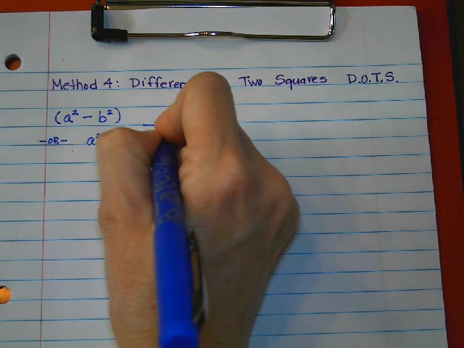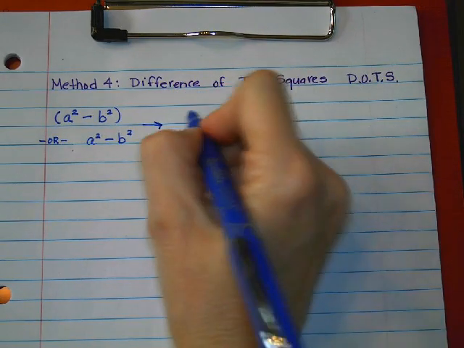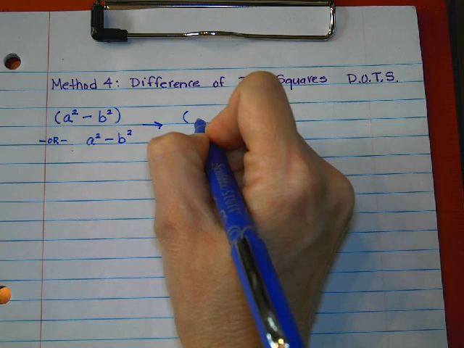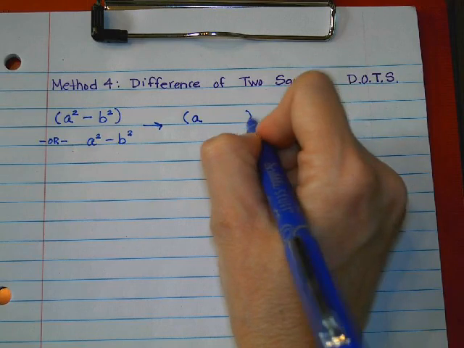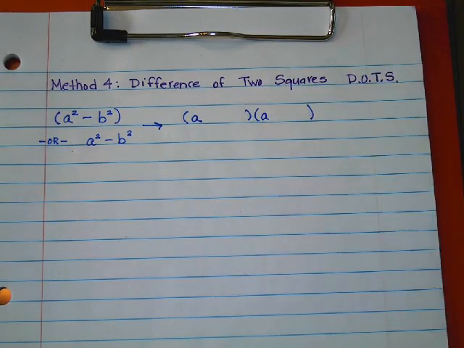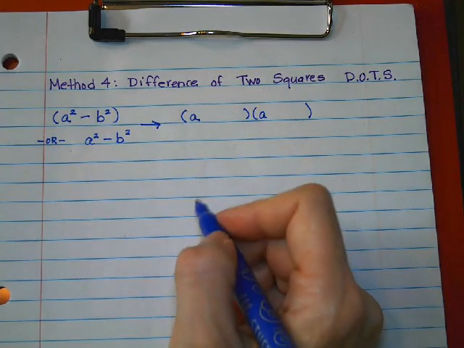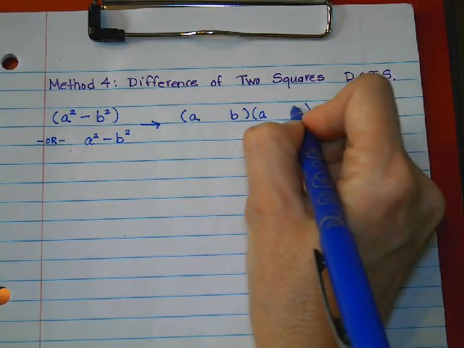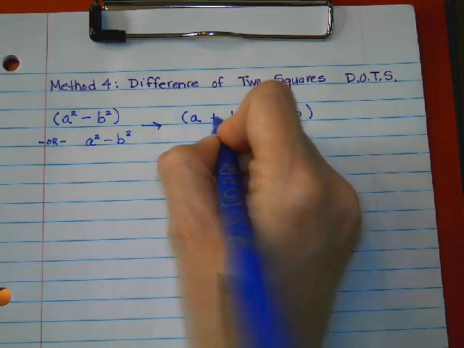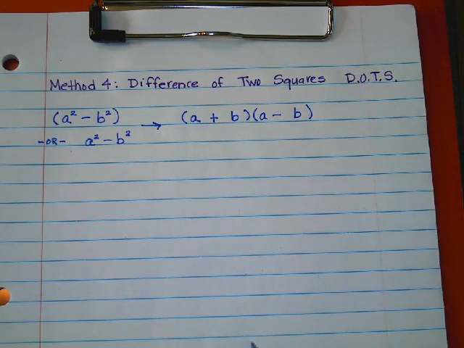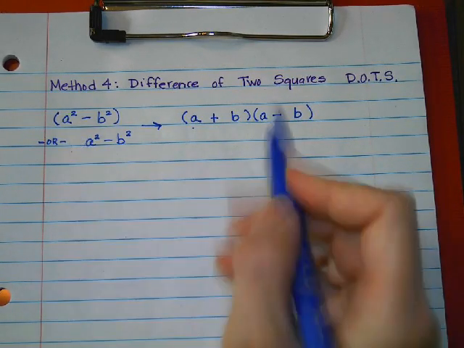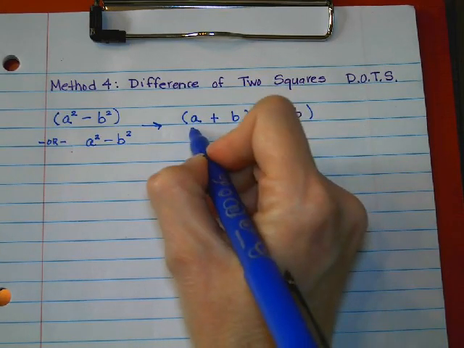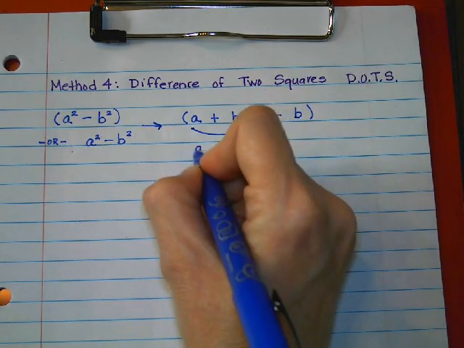To factor the difference of 2 squares, it creates 2 sets of parentheses. We take the square root of the first term, a squared, which is a, and we give that to each set of parentheses. Then we take the square root of the last term, b squared, which is just b. One of your values will be positive, and the other will be negative. This holds true because a times a makes a squared. Let's do this together. a times a is a squared.